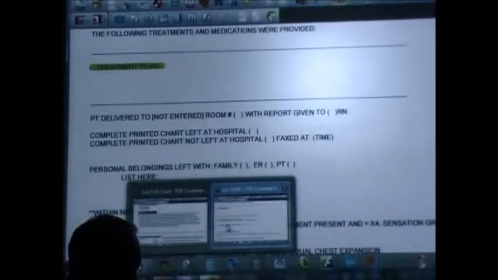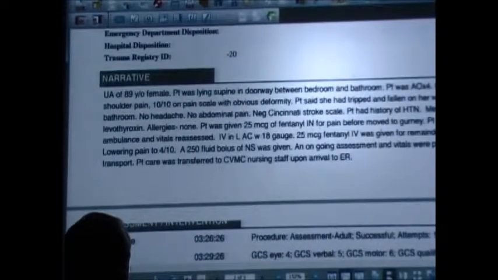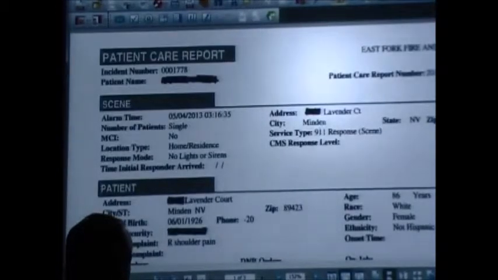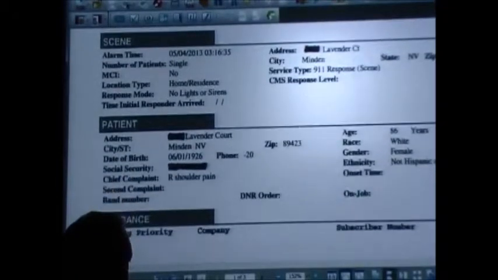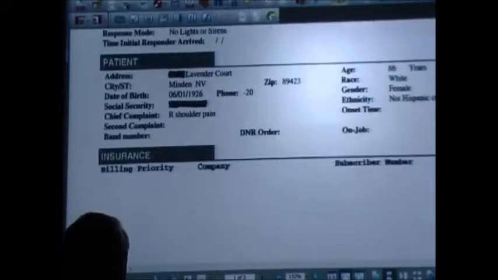In your charting system, again, it looks very similar, and obviously you had to fill out all this information, patient demographics, and again, that's the stuff that's going to get you paid.